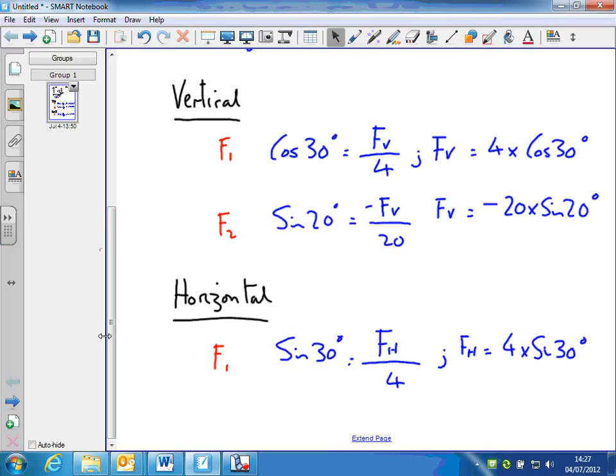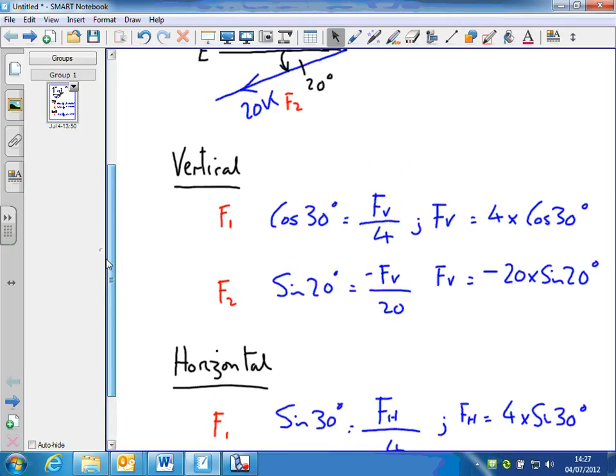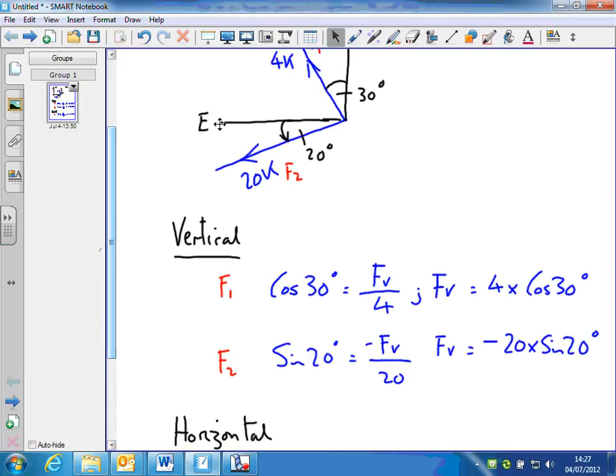And similarly for F2, the horizontal component of the force, so forming the right angle triangle, there we can see that this side here, if this angle is 20 degrees, then that's the adjacent side, so it's to do with the cosine.